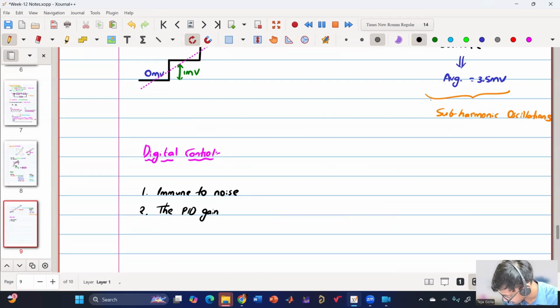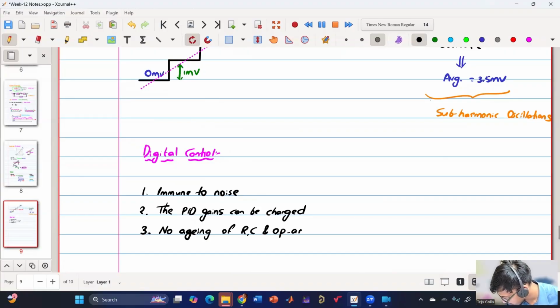I can change the values. In the case of analog, you will design using op-amp, PI, R, C values. You have to choose R and C values. So now I can choose finite PID gains, and the PID gains can be changed. And also there is no aging of the resistors, no aging effect of R, C, and op-amp.